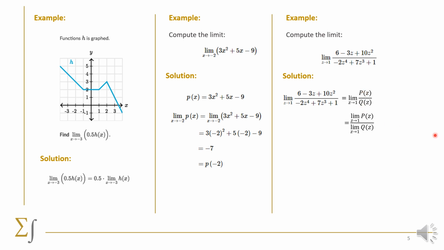Again, we can say this is equal to the limit of the numerator divided by the limit of the denominator, provided that the denominator is not 0. So this is p of 1 divided by q of 1, because we are taking a limit of a polynomial in the numerator and another limit of a polynomial in the denominator. We want to make sure that q of 1 is not 0. Now we plug in the 1 and we do our computations. We arrive at 13 over 6.